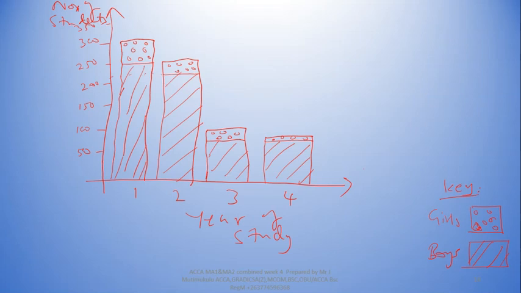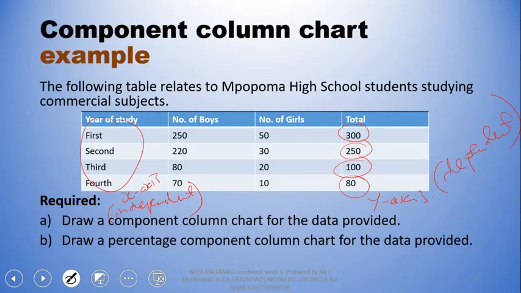Now we've done the first part of the question. What about the percentage component column chart?